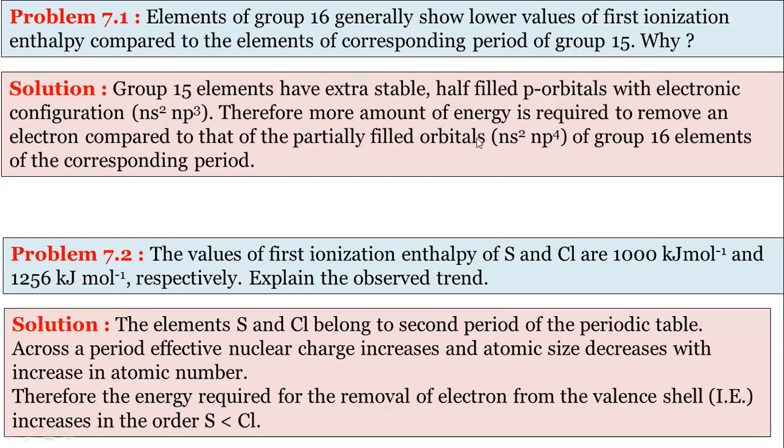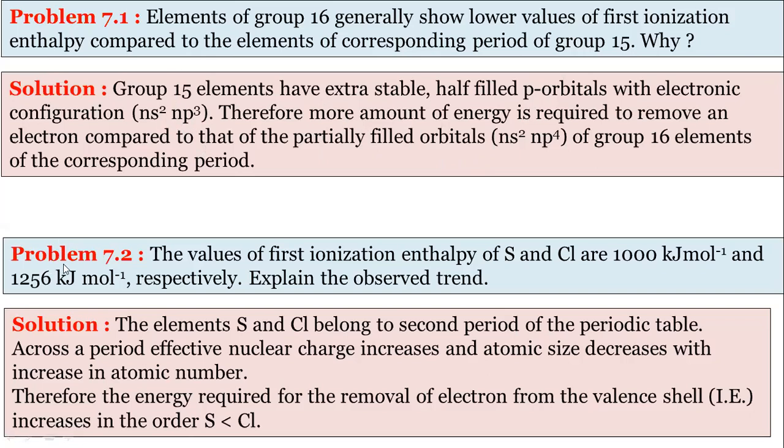Half filled means if the capacity of the p orbital is 6 electrons, 3 electrons are there. This is happening only in case of group 15 elements. That's why the ionization energy values of group 15 are higher than those of group 16. So this is the reason: half filled.